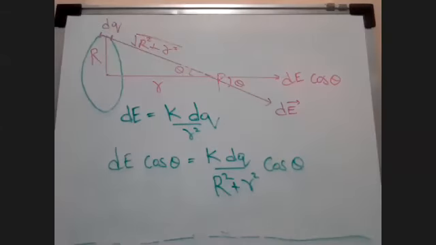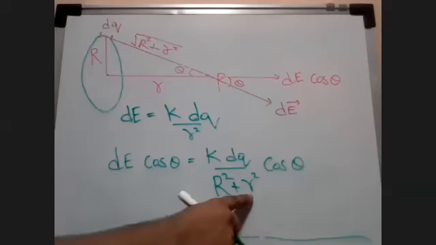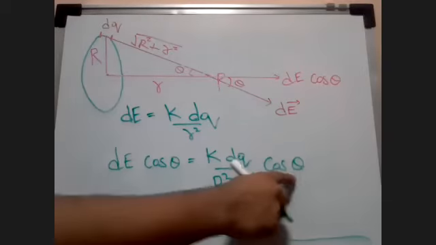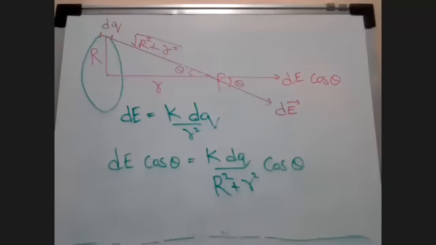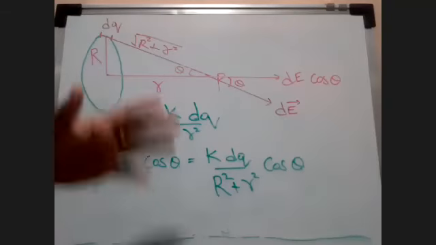Okay, now look at this theta. Cos theta can be written in some other form. So what is cos theta? We have studied it in 10th: adjacent upon hypotenuse.